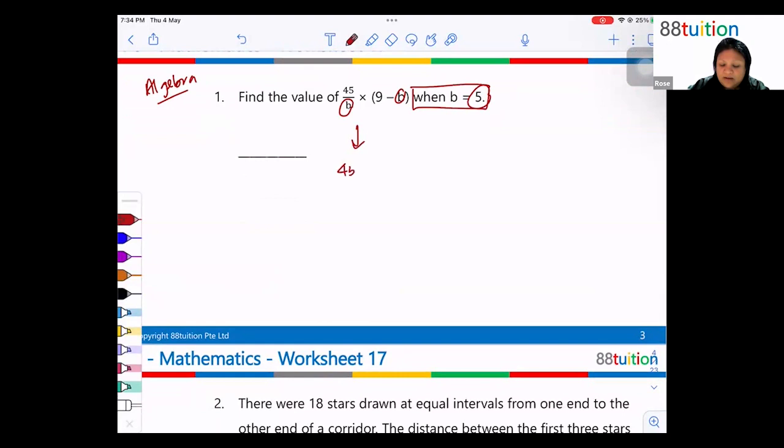So you will get 45 over 5 times 9 minus 5. The rule is you do what's in the brackets first, right? But you can also simplify 45 over 5 to give you 9, times the bracket, which gives you a 4, to give you 36. Okay?